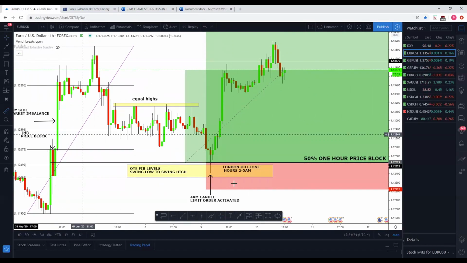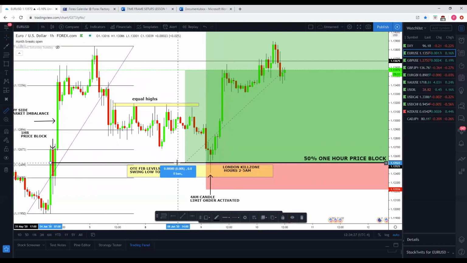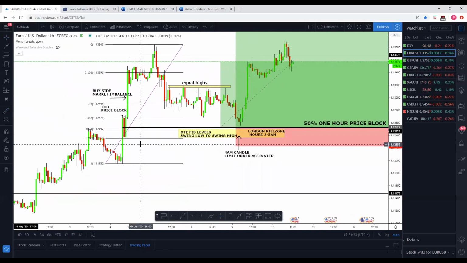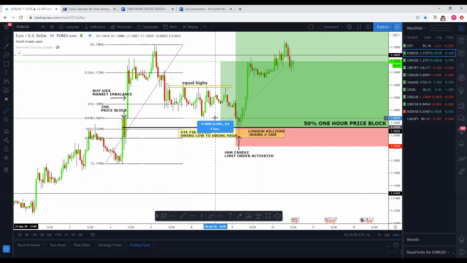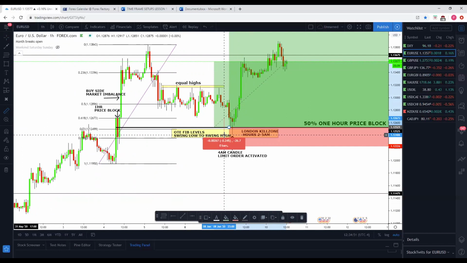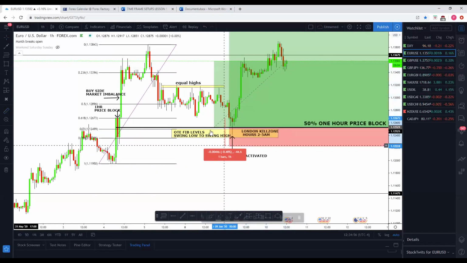Now from my discounted entry at the 50% here was only 11 pips. So 11 pips and then about 26 pips on the premium end. I apologize for that. So my first entry at the buy limit was in 26 pips of drawdown, and the overall stop loss on that was 44 pips.